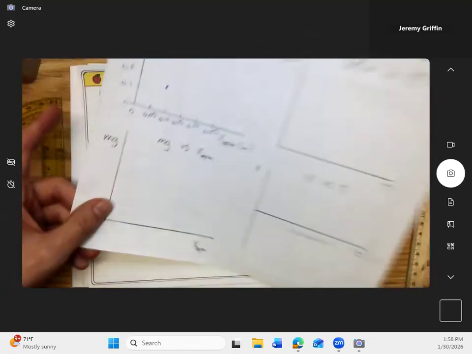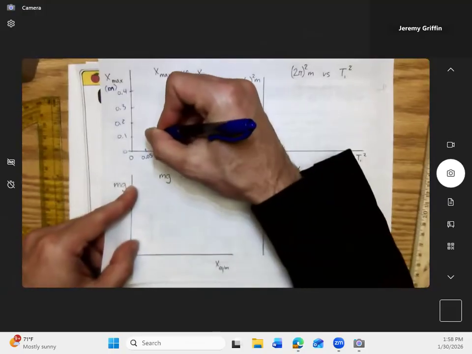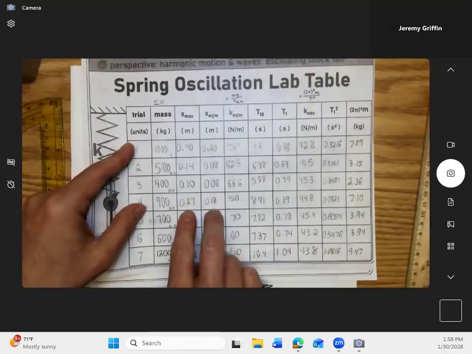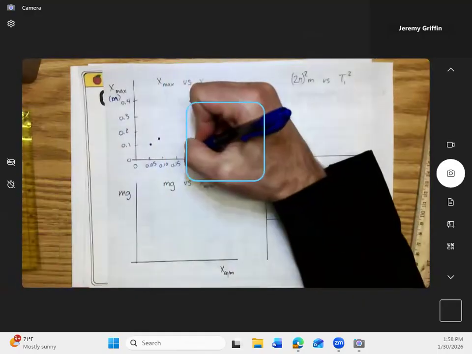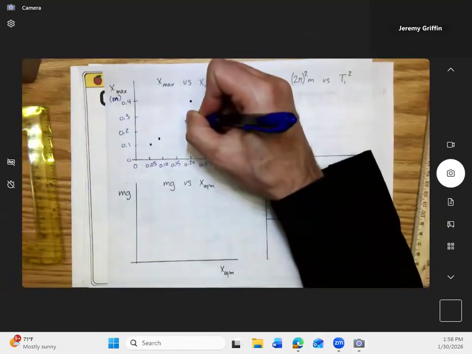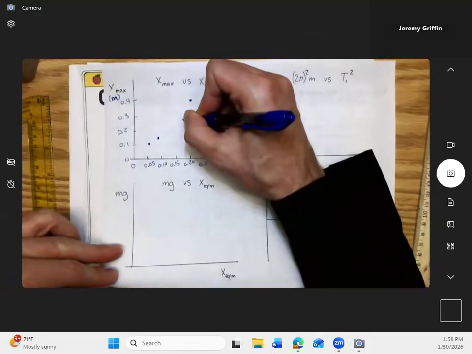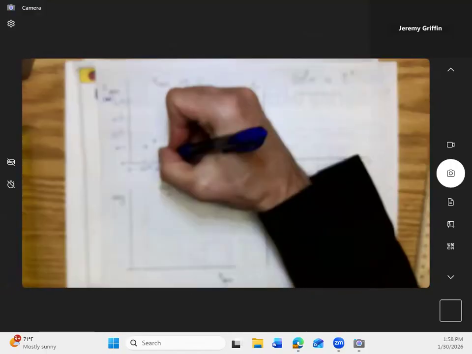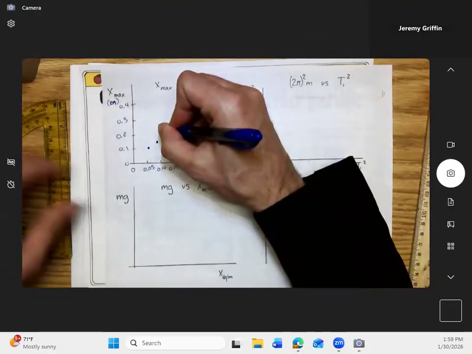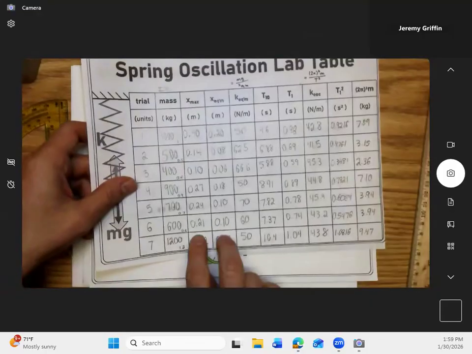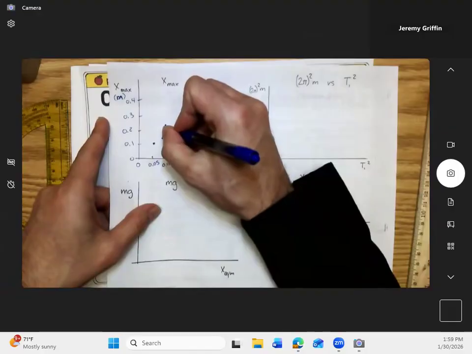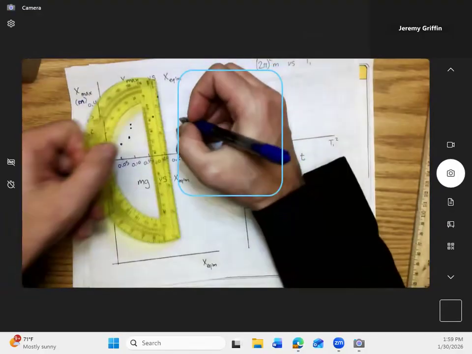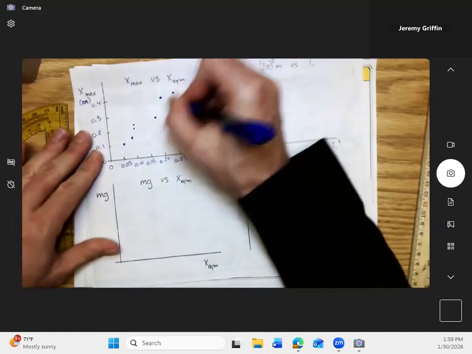At 0.06, 0.10, bam. 0.18, 0.27, there. 10, 24, bam. 10, 21, stick right there. And 24, 42, stick right there.